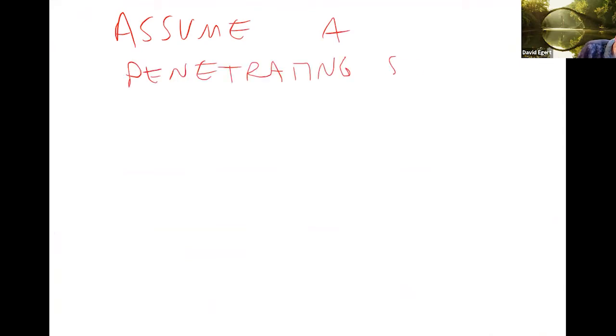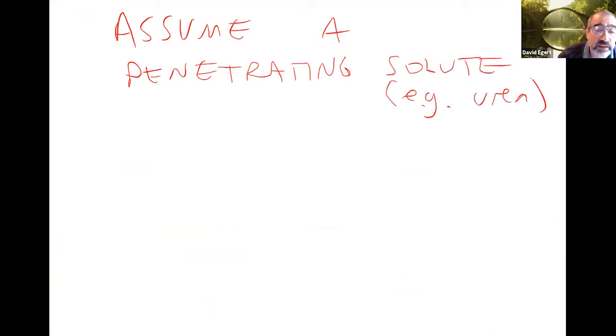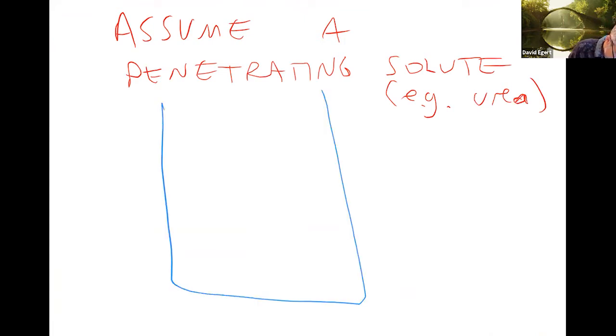Like, assume a penetrating solute, for example, urea. Urea is small enough that it can cross the cell membrane without any help. So I'm going to take 0.3 osmolar urea.